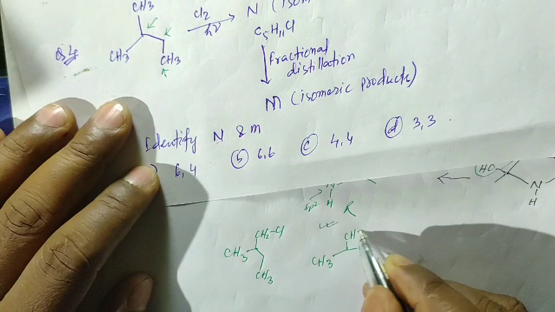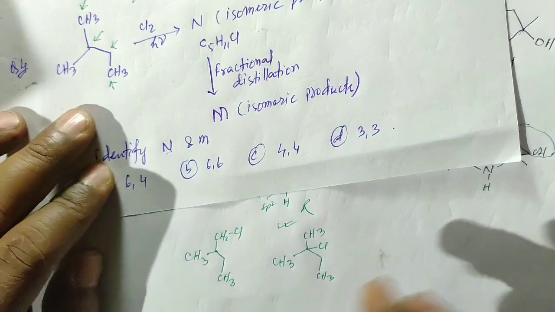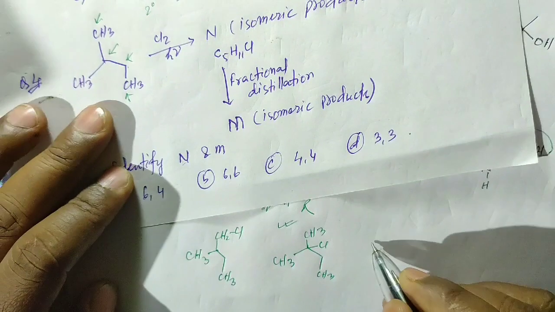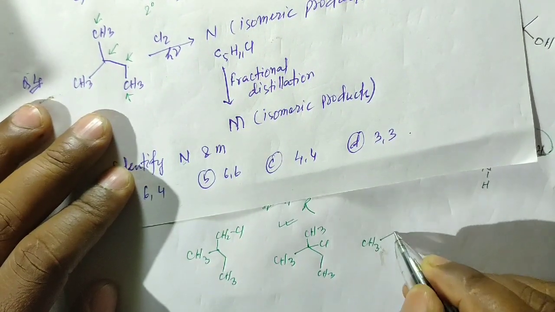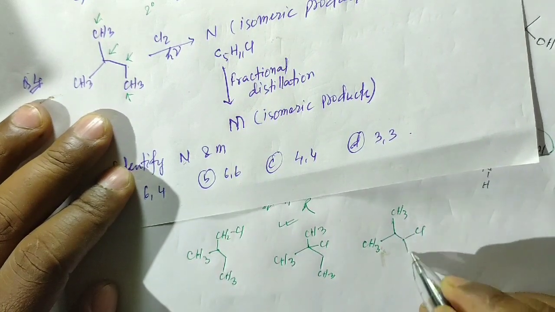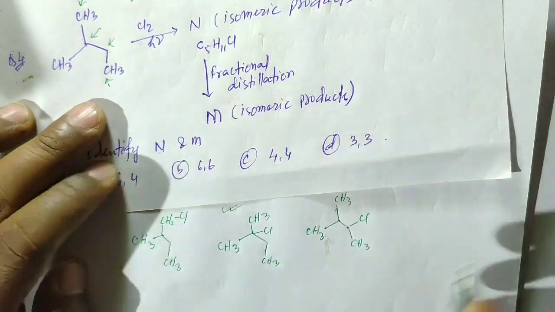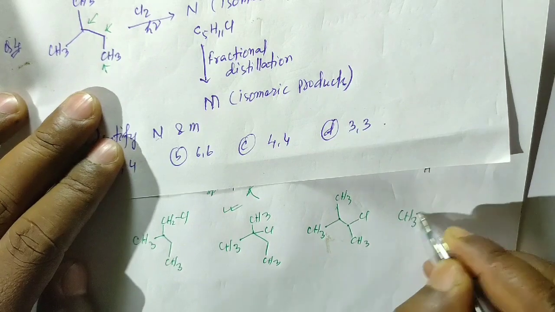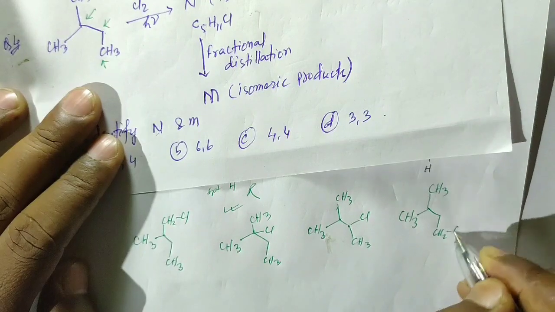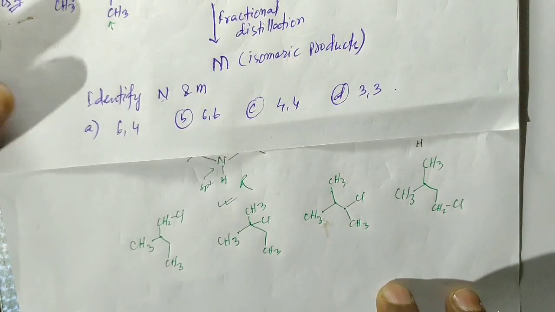This is the methyl group. This is the product. The third one is substitution of chlorine on this carbon atom, which is the secondary carbon atom, and that is CH3 like this. Here chlorine will be attached and the methyl group is attached. And the fourth possibility is on this carbon atom. So the fourth one is CH3 like this, Cl.